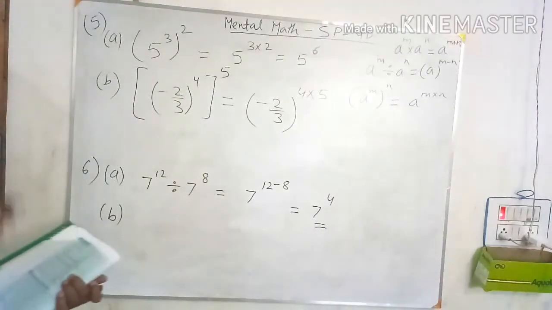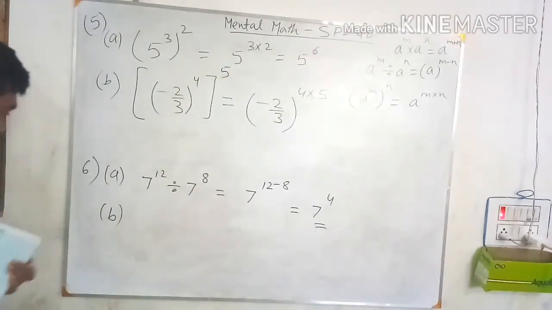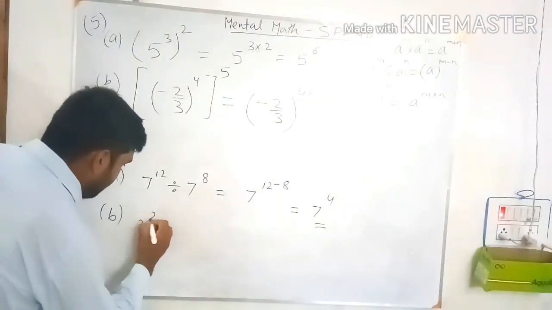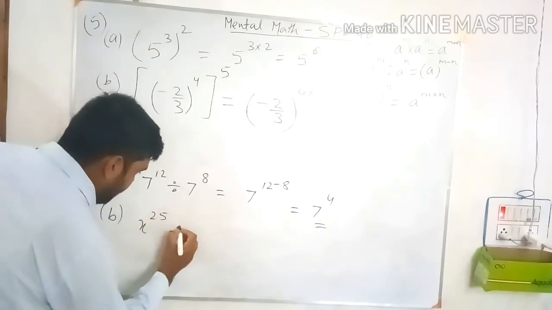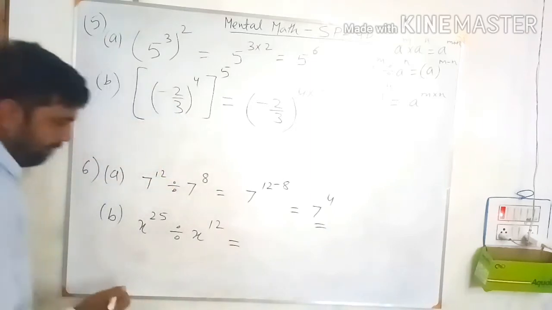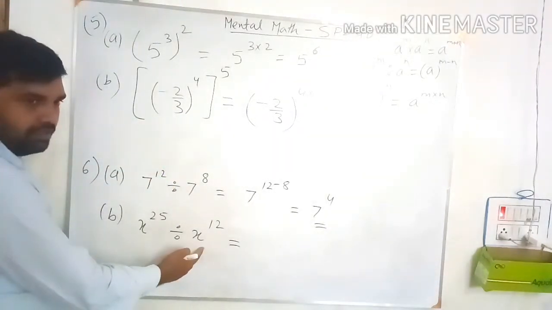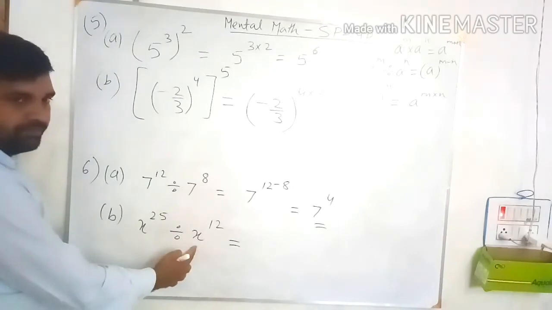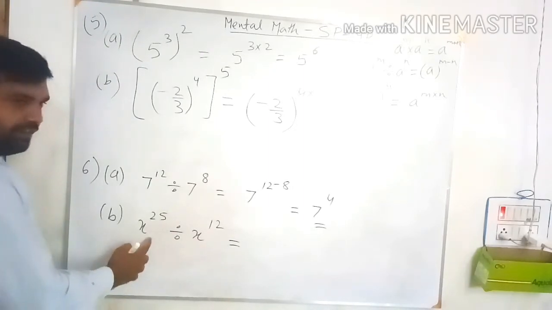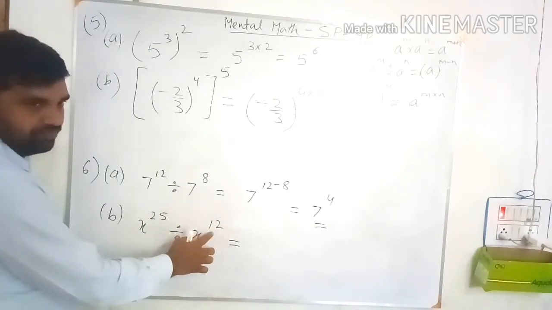Next question is 6B. X to the power 25 divided by x to the power 12. Here also the base is same. In both the base is x and both are divided, and the power in the first exponent is 25 and in the second exponent is 12.